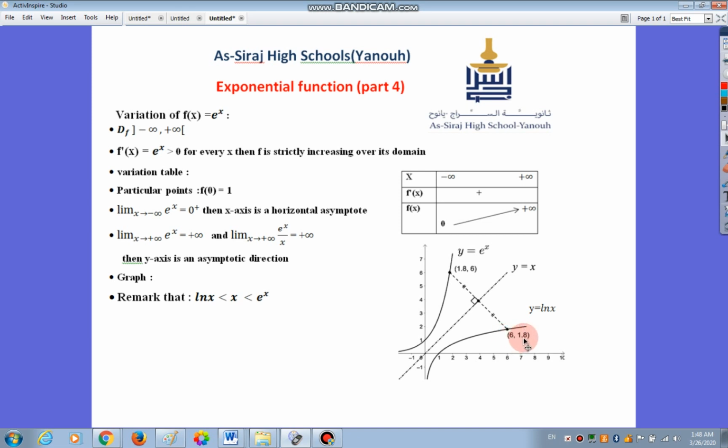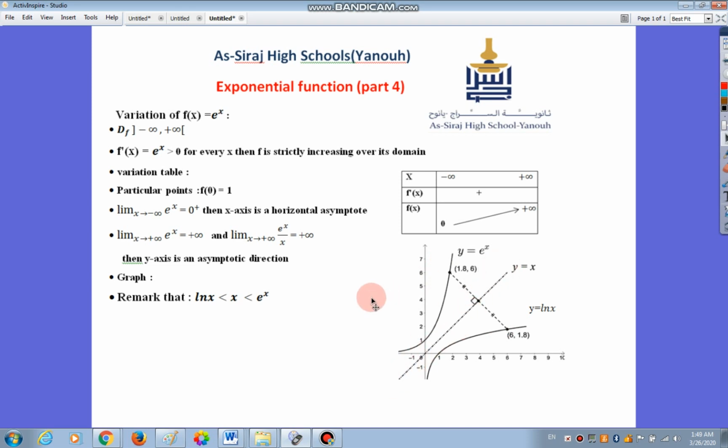It is (6, 1.8). And this point is (1.8, 6). So if this is (x, y), this will be (y, x). And you remark here, this point is (1, 0), a particular point of y equals ln x. Its symmetry with respect to y equals x is (0, 1). And as you see, these two graphs are symmetric to each other with respect to y equals x.